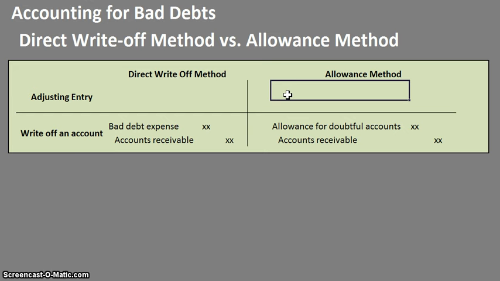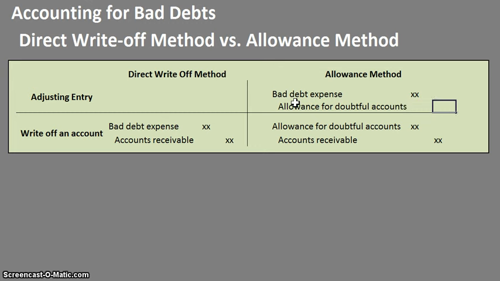So we have all these accounts receivable, all these amounts that are due from our customers, and we're going to take a look at that and say, I estimate that I'm not going to get so-and-so amount of dollars. So at the end of the period, what we do is we expense that amount that we think we're not going to be getting, and then we put it into that allowance for doubtful accounts account.